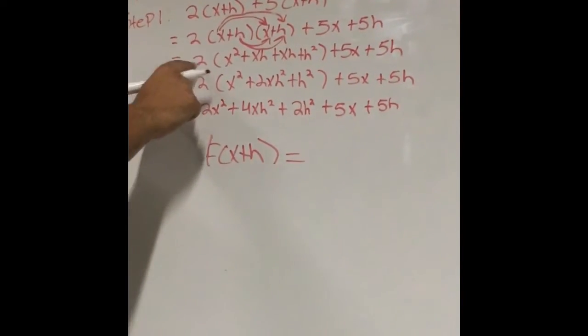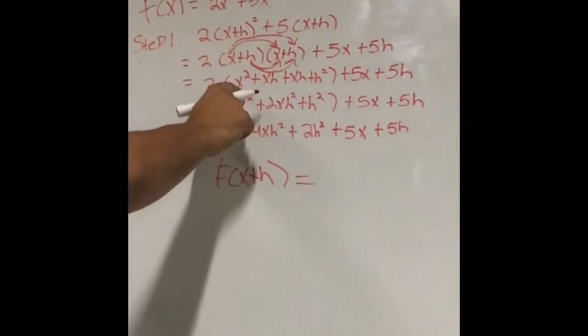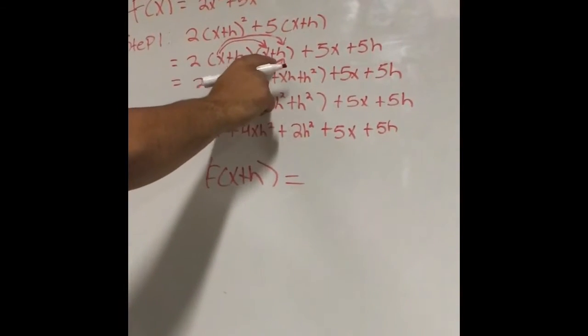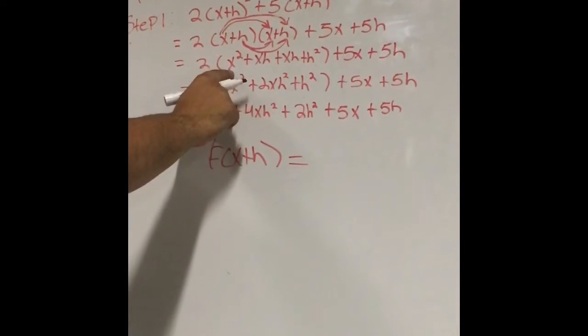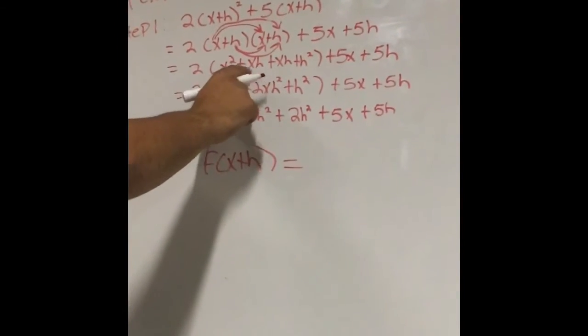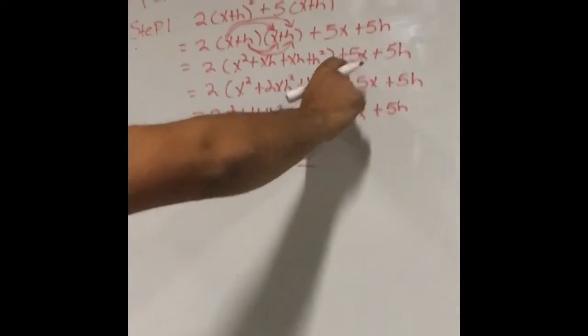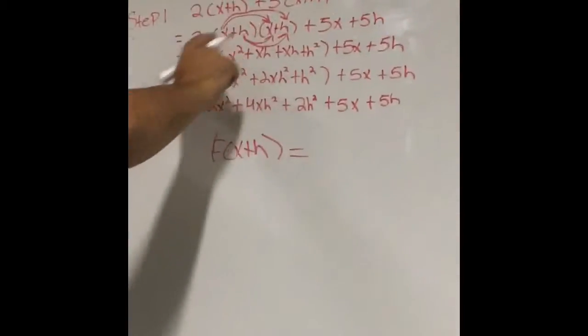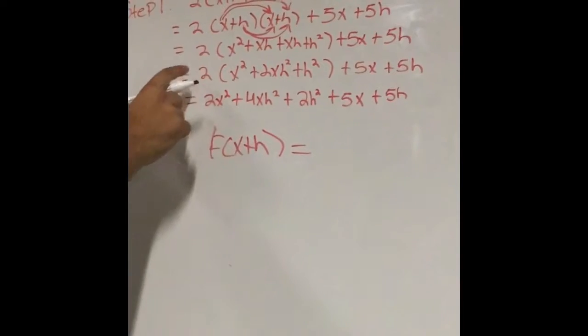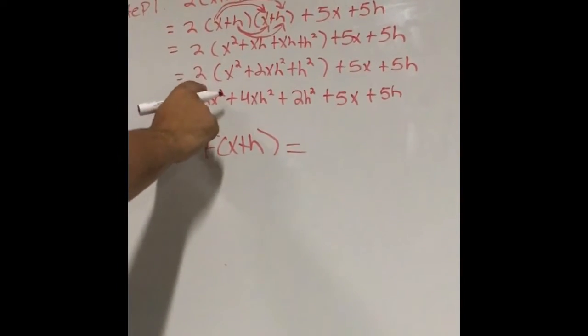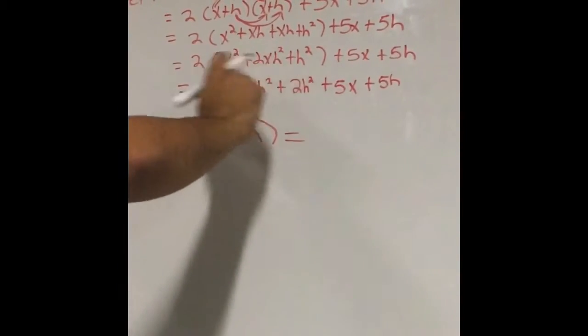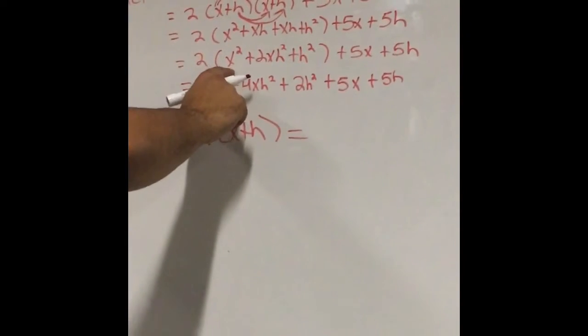Next, we would have 2, and what we do is FOIL the x plus h into the other x plus h, which would give us x squared plus xh plus xh plus h squared, plus 5x plus 5h. We would only do the inside of the brackets first.